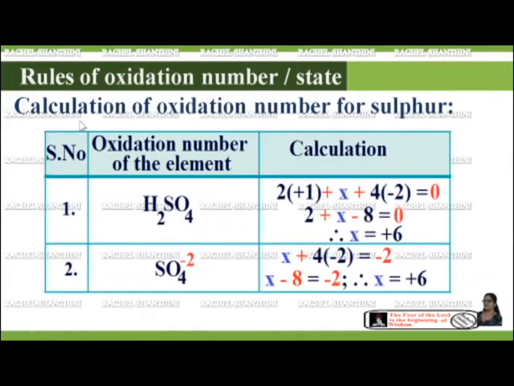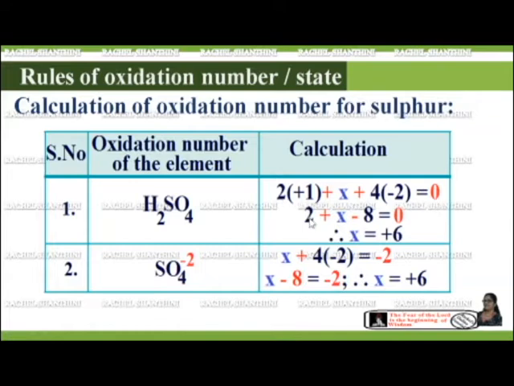Let us understand rules 3a and 3b by calculating the oxidation number of sulfur. First, let us calculate the oxidation number of sulfur in sulfuric acid. Let us assume the oxidation number of sulfur as X. We have 2 hydrogens, so 2 into the oxidation number of hydrogen, +1, so 2 into +1, plus X, plus we have 4 oxygen atoms, so 4 into -2, equal to 0, because we know that the algebraic sum of the oxidation states of all the atoms in a molecule is equal to 0.